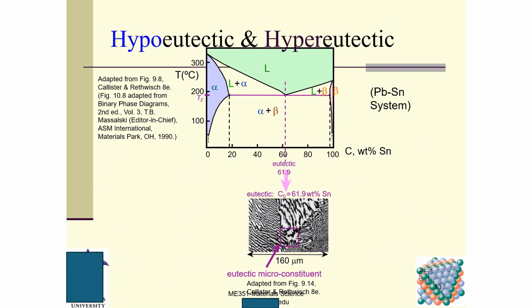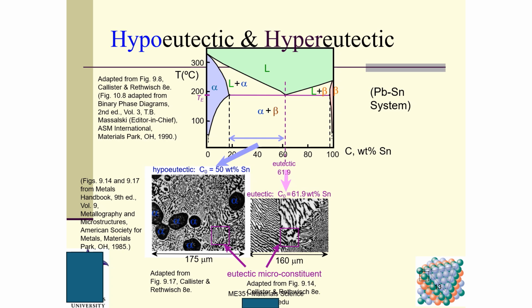Then we talk about hypoeutectic and hypereutectic. We still use the lead and tin system as an example. So this is the eutectic. The composition range from this point to this point, we call hypoeutectic.